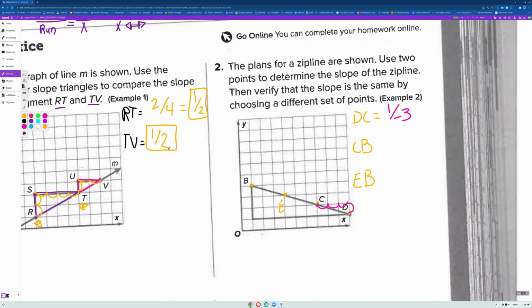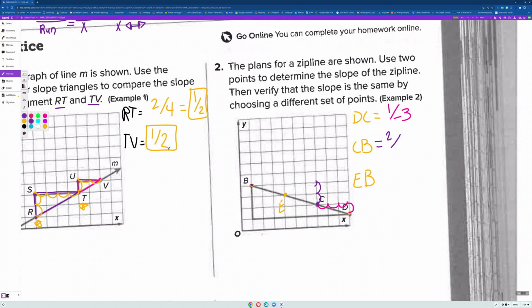Now let's look at my CB segment. So now I'm starting at C, and I'm going to try to get to B. So my rise would be 1, 2, over my run. And again, I have to move to the left, which means that this is going to be negative.